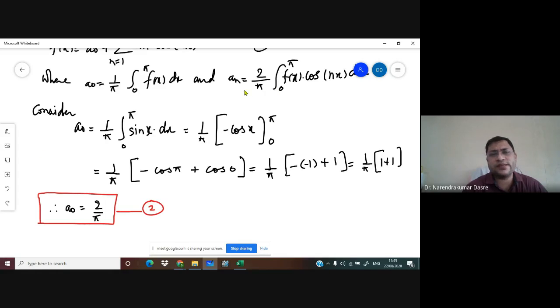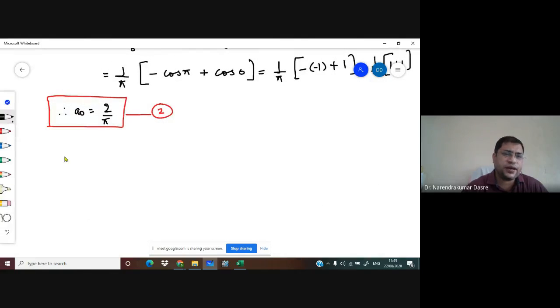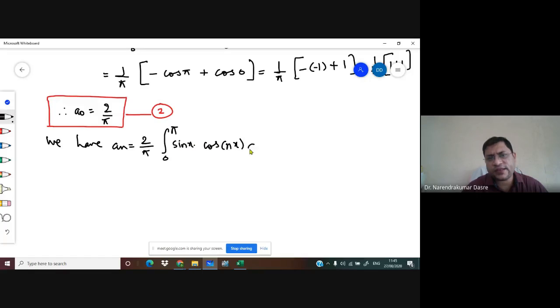Now we have to calculate what is an. So let us calculate an. We have an is equal to 2 upon pi integral 0 to pi sin x into cos of nx dx.